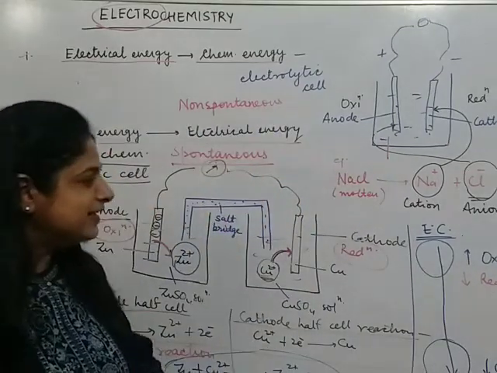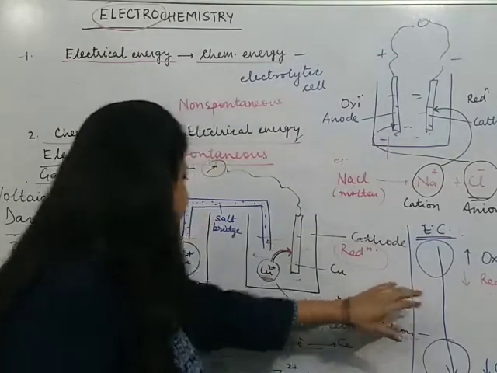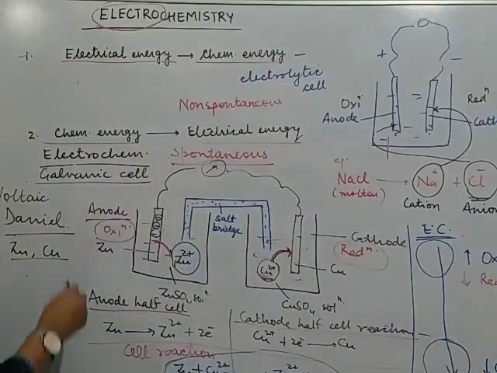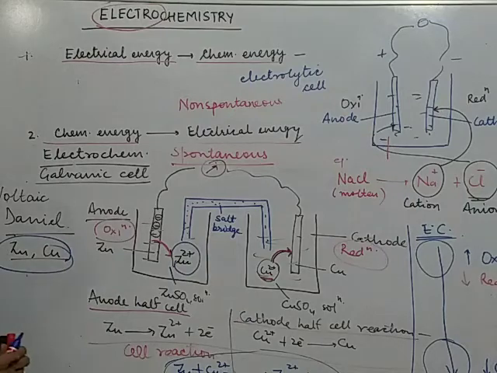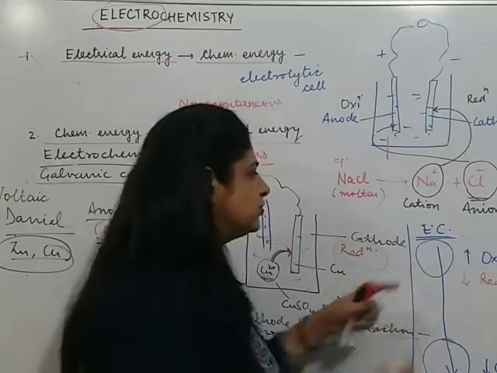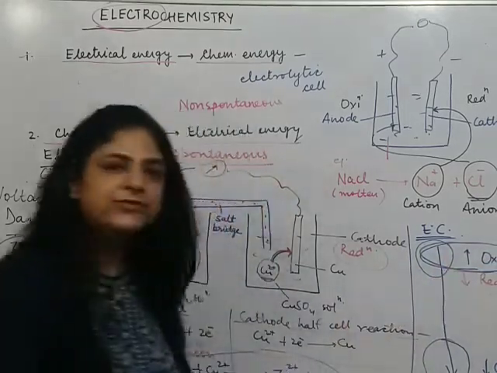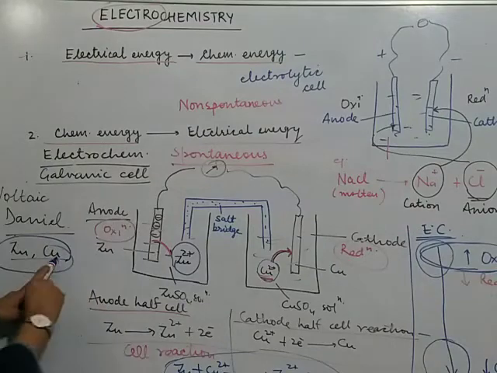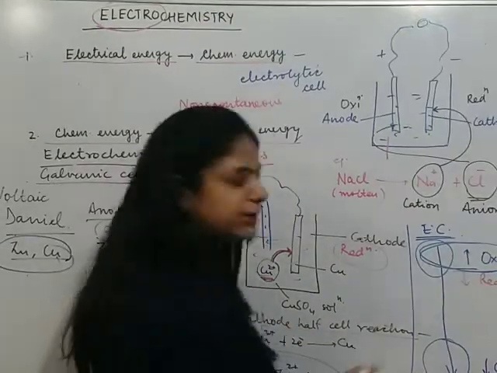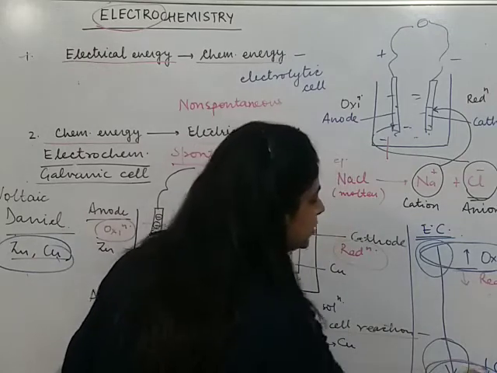Now combining these two, if this concept is applied to the combination of zinc and copper, zinc is higher in electrochemical series, so it has greater tendency to get oxidized, while the copper is lower in electrochemical series, so it has greater tendency to get reduced.